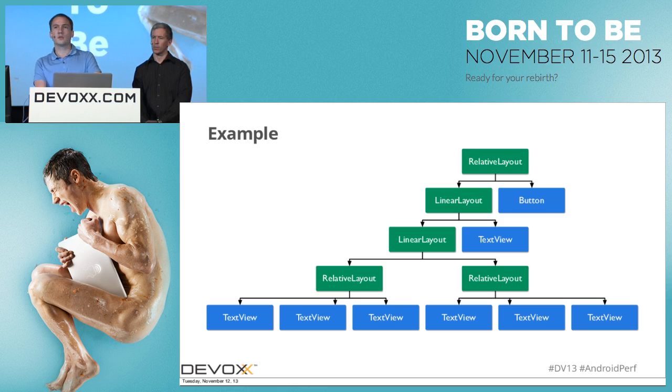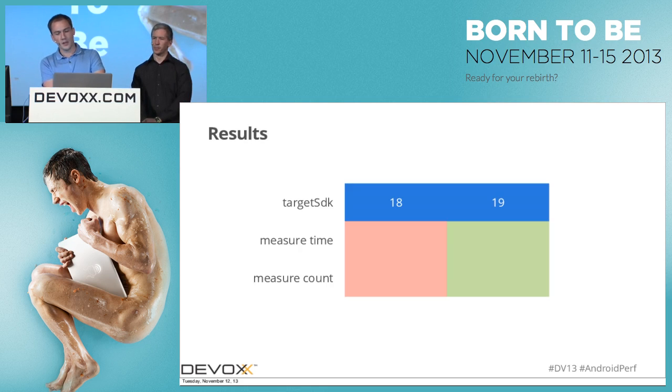I ran that application on Android 4.3 and on Android 4.4, and I compared the performance. On API level 18, it takes 6.5 milliseconds on the Nexus 4, and on the Nexus 5 it takes 6 milliseconds to measure that tree.